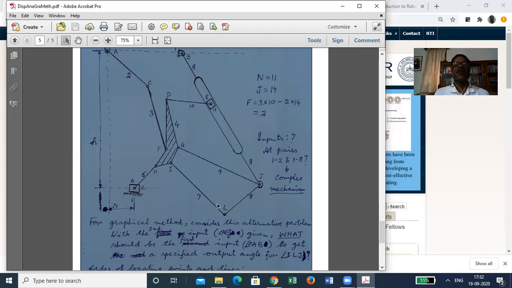Okay. So this is equivalent to considering not this as one of the input variables, rather this angle as one of the input variables.